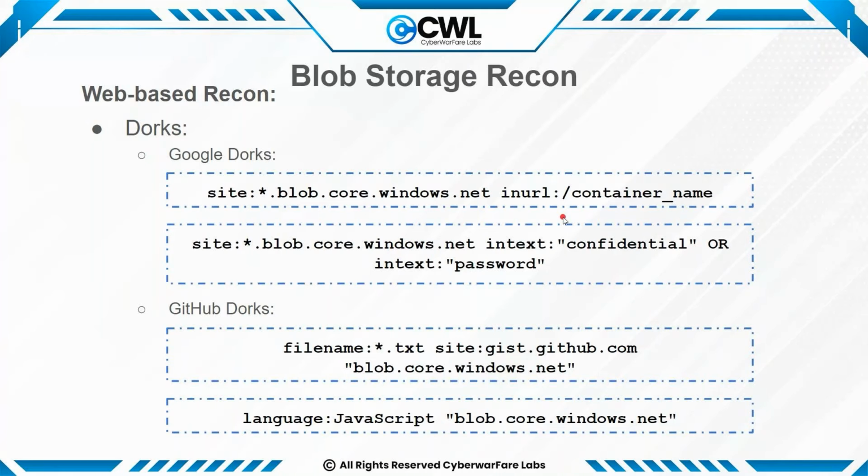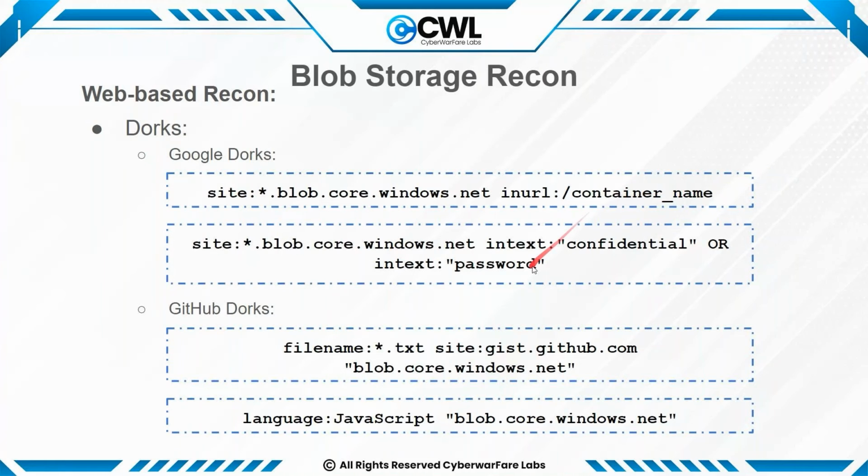And second, we have this FOFA. Through this you can find publicly accessible blob storages. You just have to enter the container name here, and you will get plenty of results.